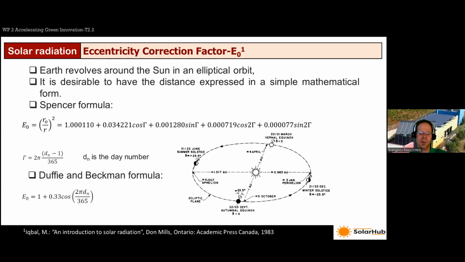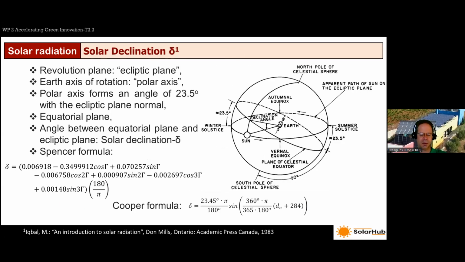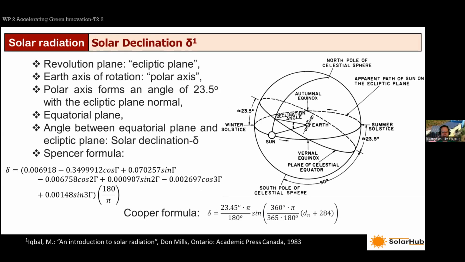So this is the first factor that changes the amount of solar energy that the Earth receives per second and per surface. There is another important factor. I already mentioned that the rotation axis of the Earth forms an angle with the ecliptic plane. The ecliptic plane is the plane on which the Earth revolves around the Sun. The axis of rotation of the Earth around itself is called the polar axis.